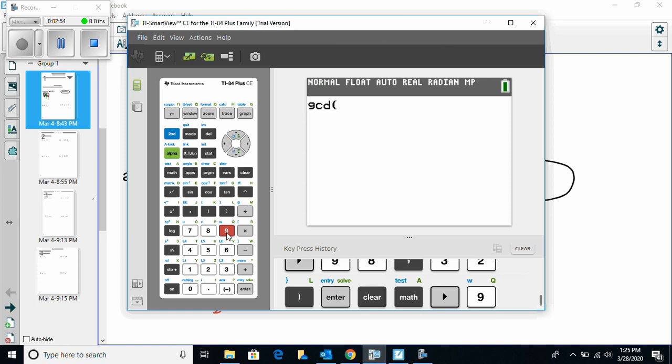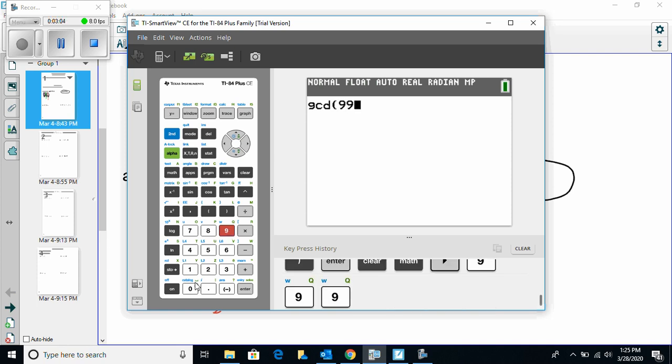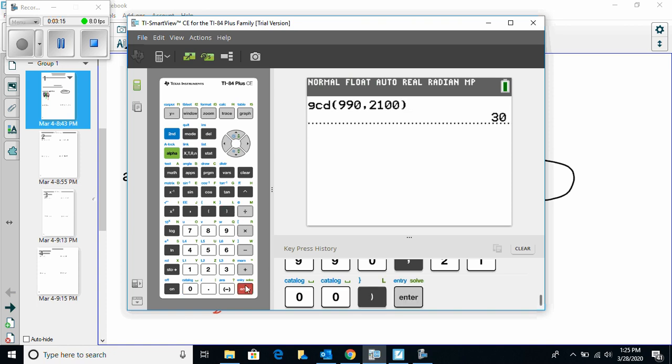And what you will do in this case, you will type the numbers followed by a comma. So in this case it will be 990, comma, 2100, close brackets.